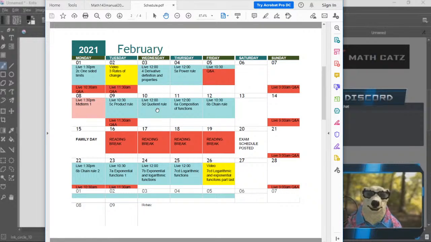Tomorrow is a yellow block, which means it's a self-paced video session that you can do anytime during the day.